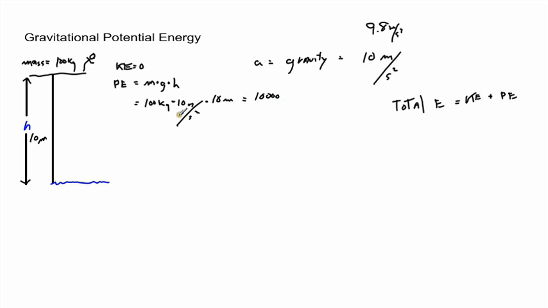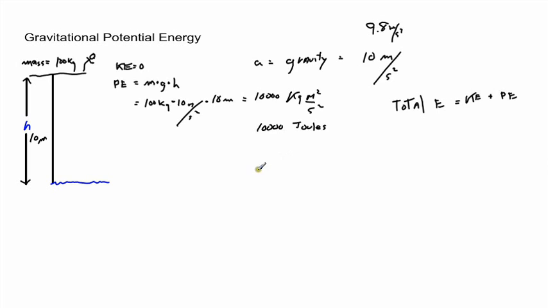Now I could write the units as kilograms, meters squared per second squared, which is true, but it's too hard to write that. So oftentimes you'll see the shortcut version, 10,000 joules.